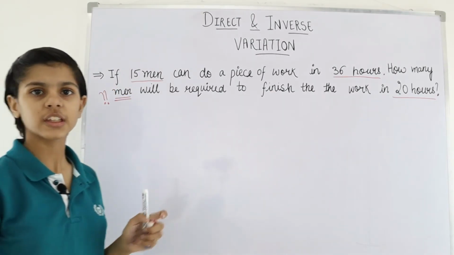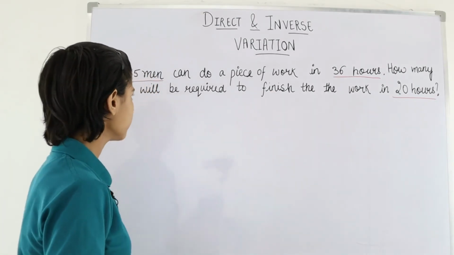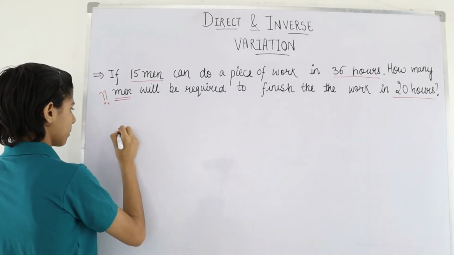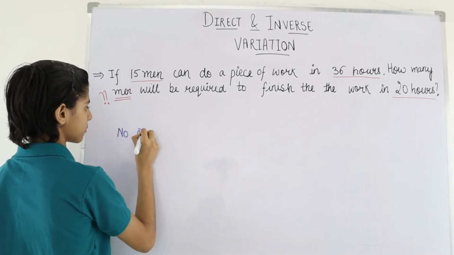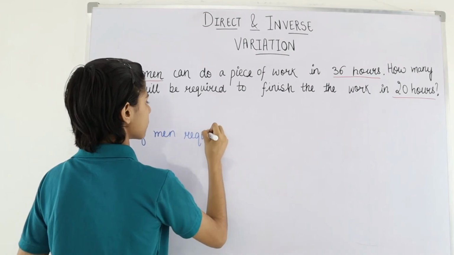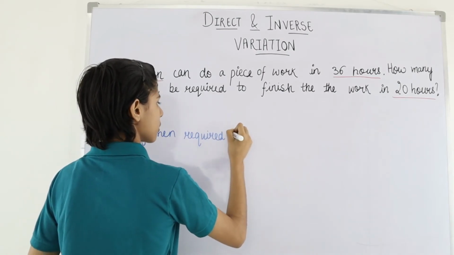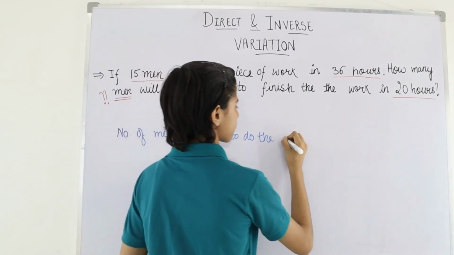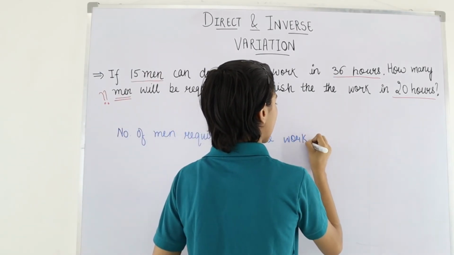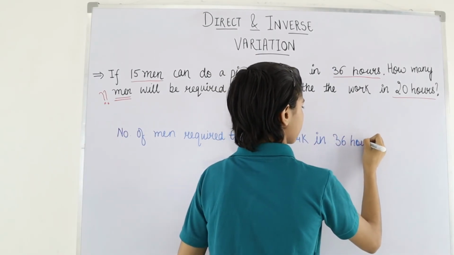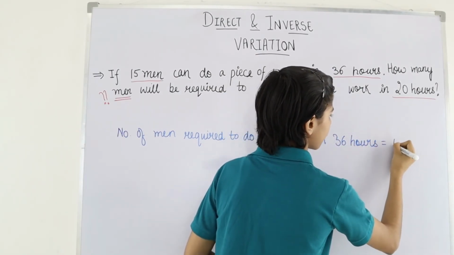So for solving this question, we will write here number of men required to do the work in 36 hours. So in 36 hours a work can be done by 15 men.